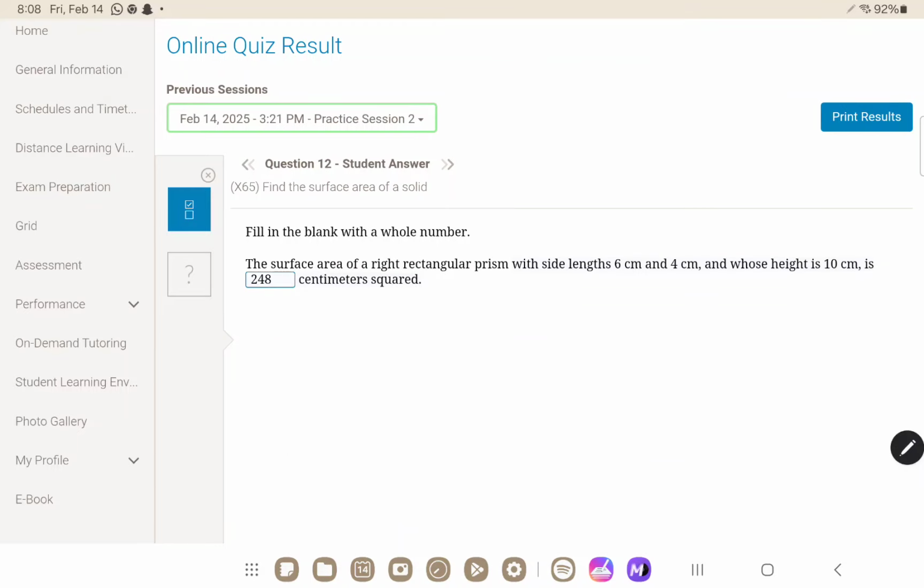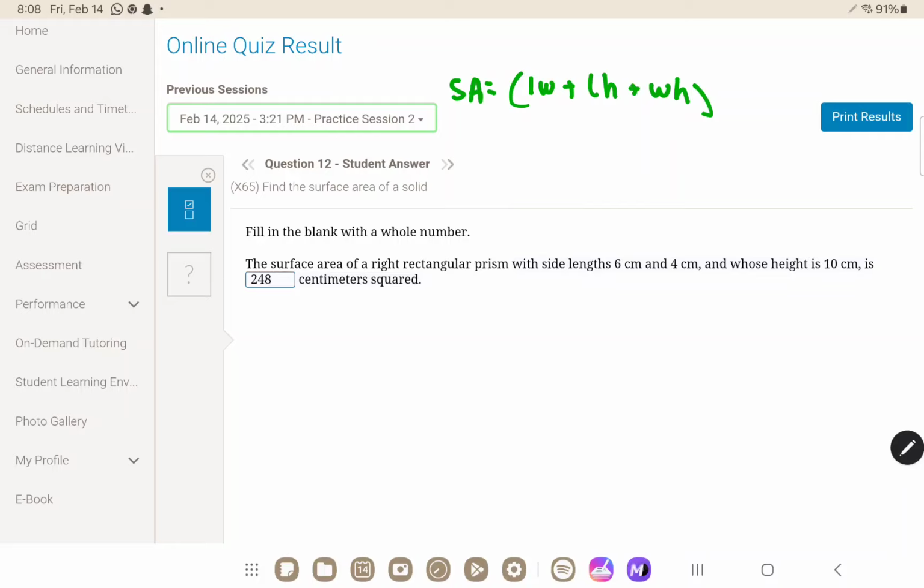Now, next question. The surface area of a right rectangular prism with side lengths 6 and 4 whose height is 10 is something centimeters squared. We need to memorize the formula. Surface area of a right rectangular prism is length times width plus length times height plus width times height.